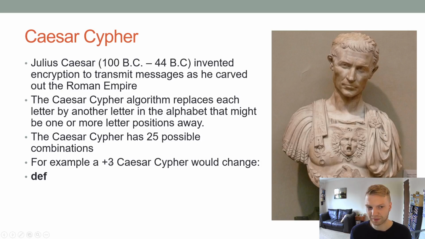If the messenger got caught, they wouldn't say it. That's the idea. They would trust him not to say it if he got caught. I don't know, maybe some people got cracked and told to say it, but the idea was if a messenger got caught, they wouldn't say what the key is, and it would just look like gibberish what they've got. So if they sent DEF by, for example, +3, well, you would just go back, and that's just ABC. That's all that is. Each letter has been bumped up 3 places.